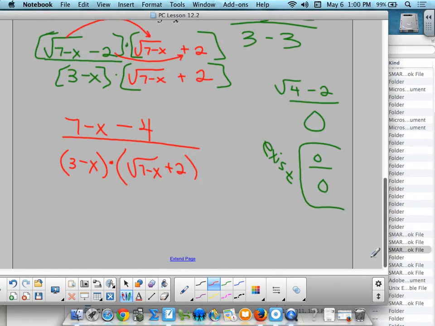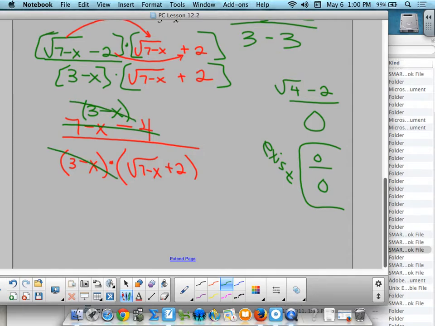So, what's the top? 3 minus x. Okay, 3 minus x, which is a binomial, right? So you got a binomial over another binomial. This is a binomial, obviously 3 minus x, but 3 minus x does what?